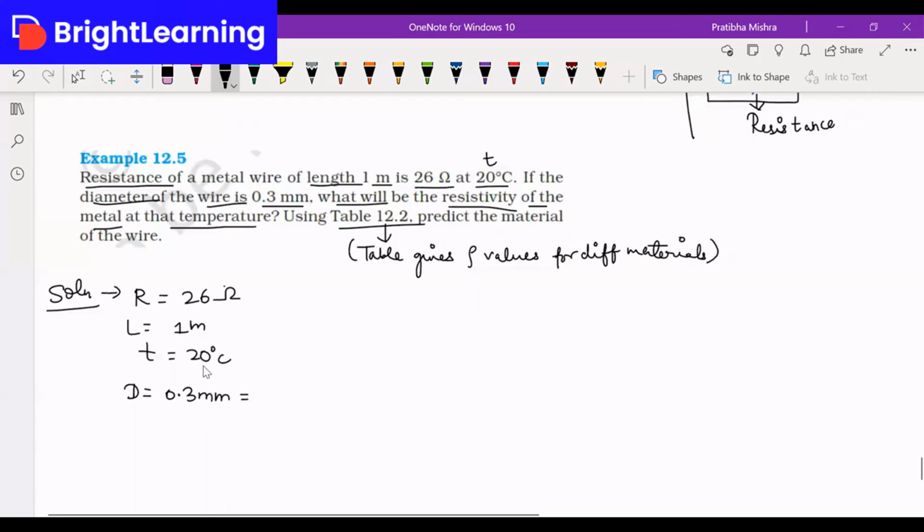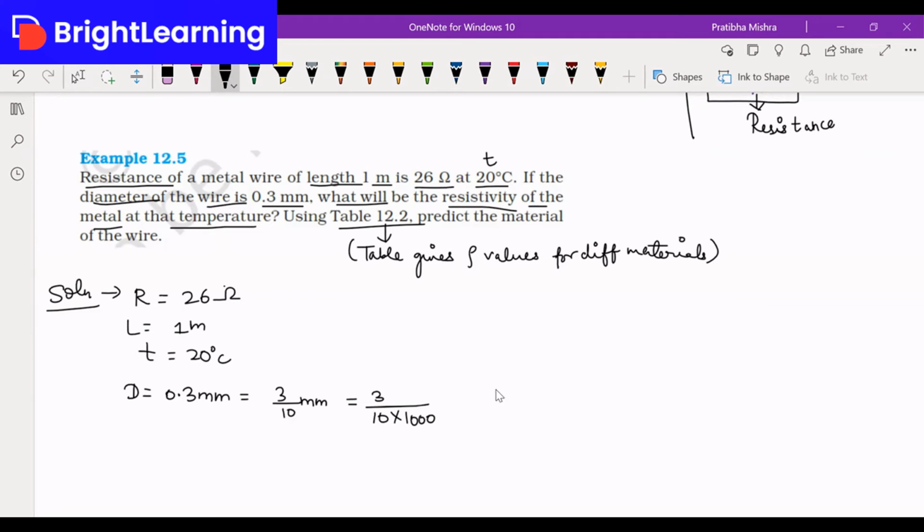So let it be 1 meter. Instead, we can change the diameter. 0.3 mm is 3 by 10 mm. Millimeter needs to be changed to meter, so you will divide it again by how much? 1000. So you will divide it by 1000 over here.